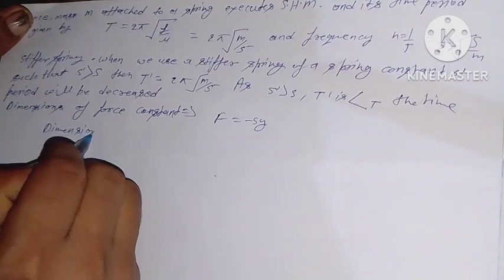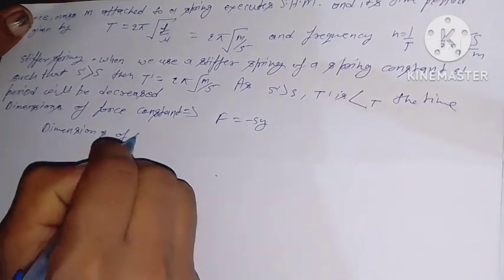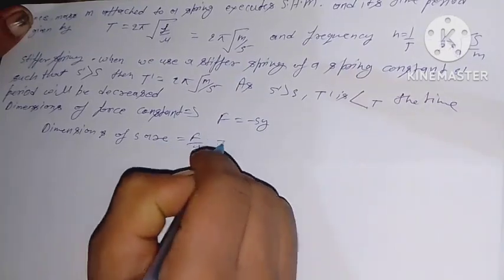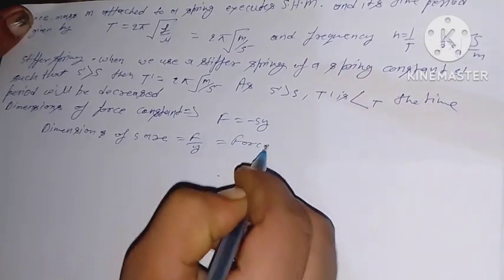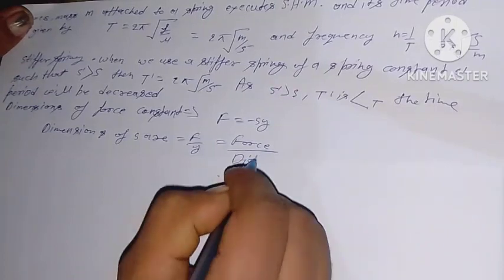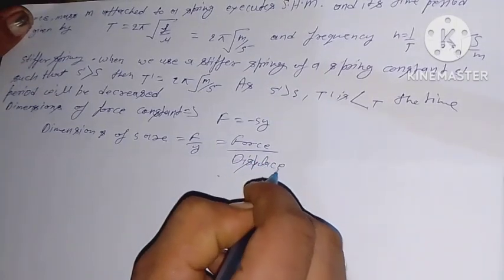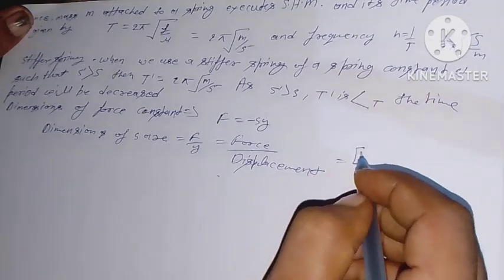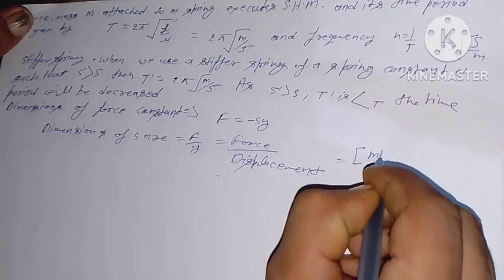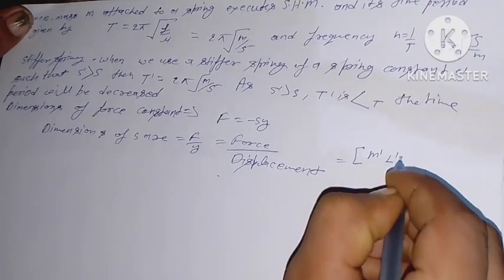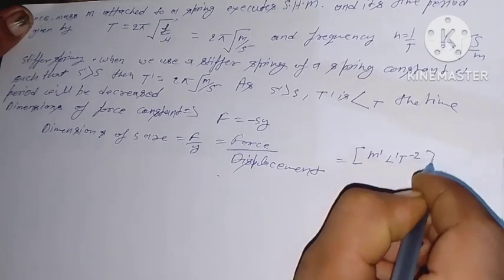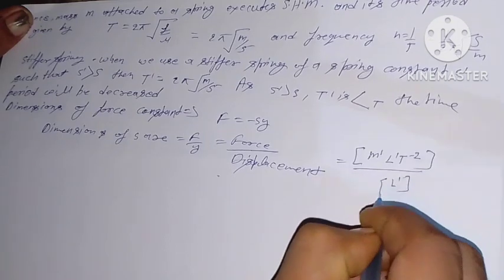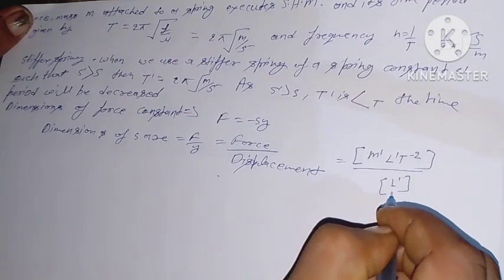Dimensions of S are F upon y, that is force upon displacement. The dimensions of force is M1 L1 T to the minus 2, whole upon L1, the dimensions of displacement.